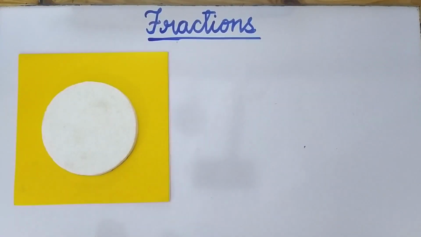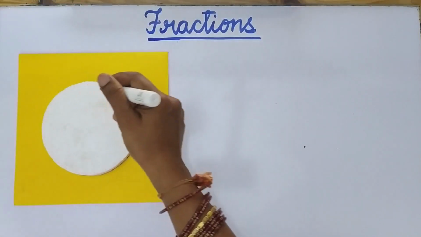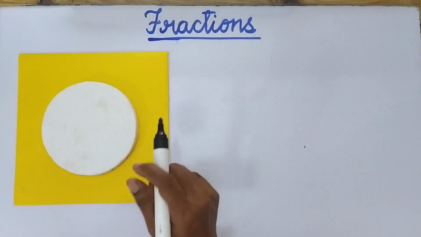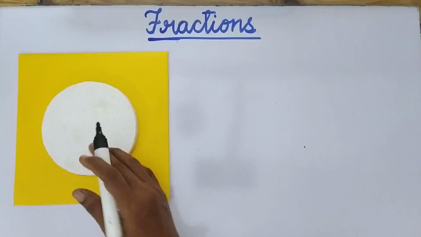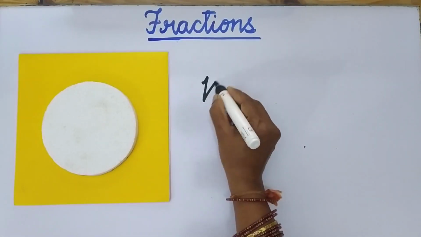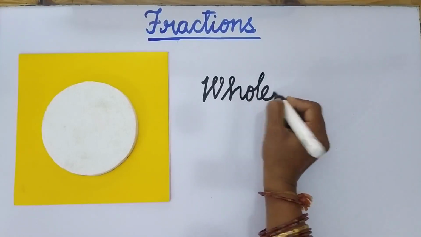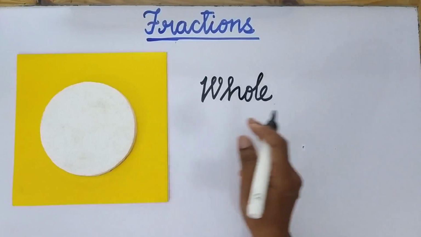Alright, see here. It's a complete circle. We have not yet divided it into any equal parts. So such a complete thing is called a whole.